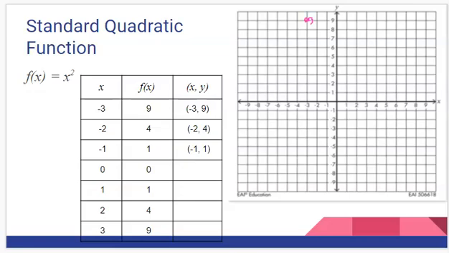That's your first point. (-2, 4), (-1, 1), (0, 0). One thing you're going to notice with our quadratic function is that it reflects across the y-axis. I always tell the students it looks like a U. I know your sketches are going to be much better than mine. Mine's a little bit off, but just so you get an idea. Remember, you could pause the video at any time.